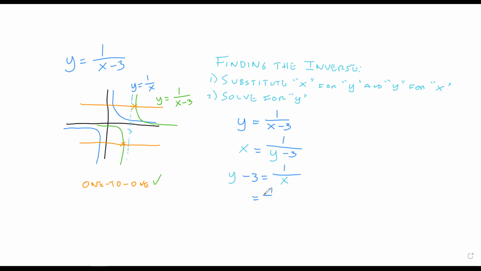And I'm going to send the 3 to the other side, adding. This is going to give me y equals 1 divided by x plus 3. And this is going to be the inverse.